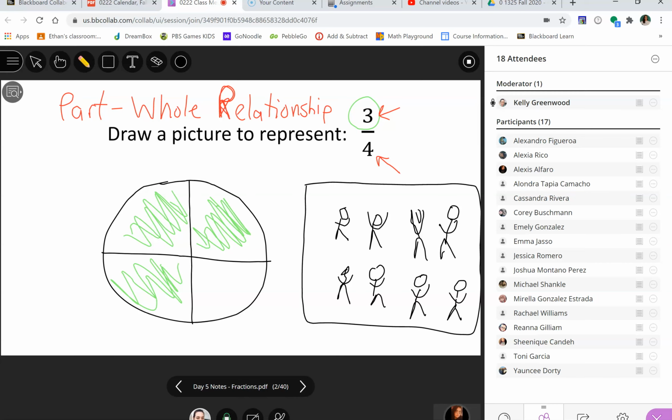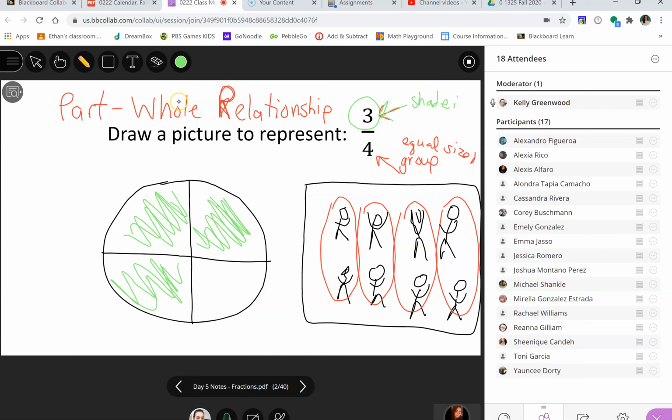If I said 3/4 of the students got an A on the final, it's the same idea: I put it into 4 equal-sized groups, and then I pick 3 of those groups. So I have 6 out of 8 students.